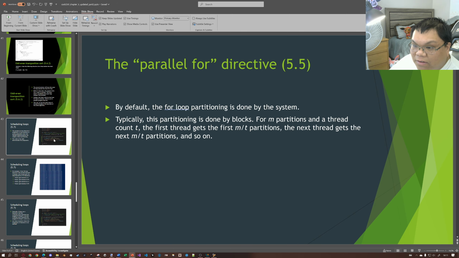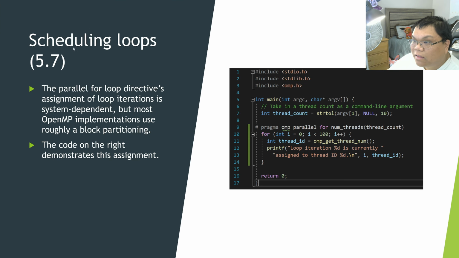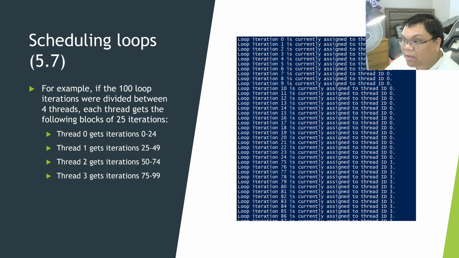So let's look at that scheduling. You could write this program to see how the program assigns for loop iterations to each thread. You can write this in your own time. This isn't really its own assignment, it's just there for demonstration purposes. For example, if the for loop had 100 loop iterations and we had 4 threads, then each thread gets 25 for loop iterations.